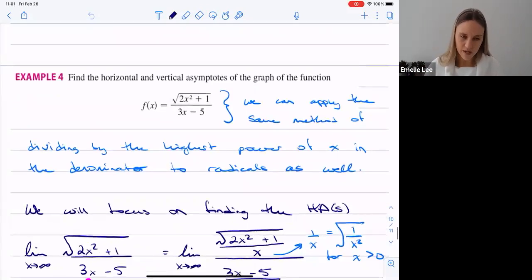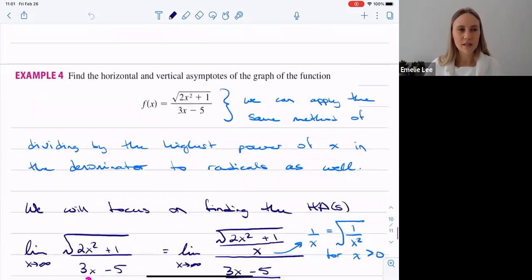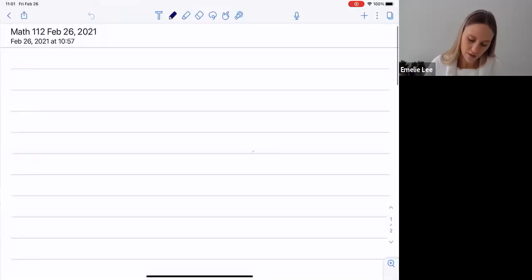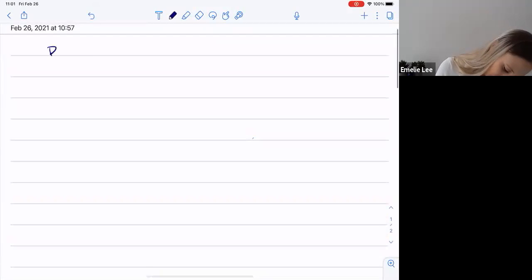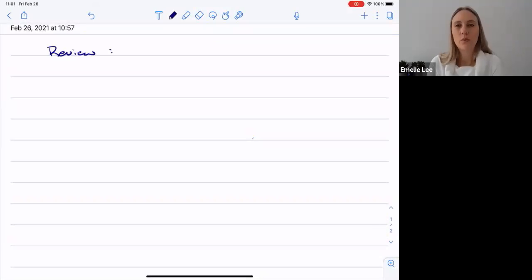All right, so we were working on example 4, right? Let's do a little bit of review. We talked about continuity, right? A function is continuous depending on the limits.